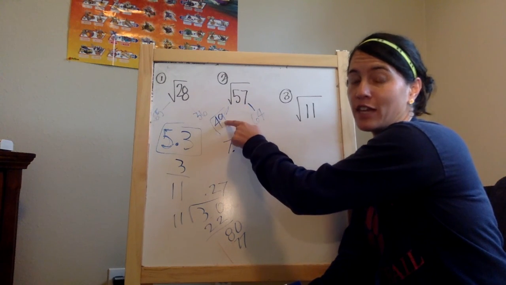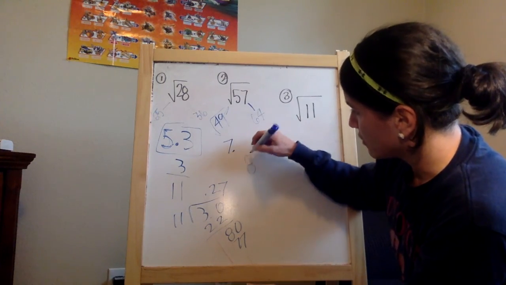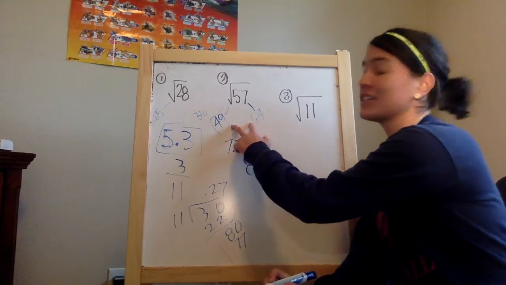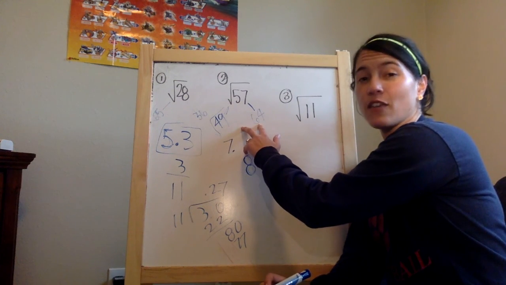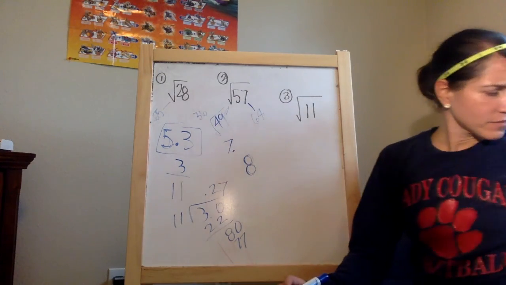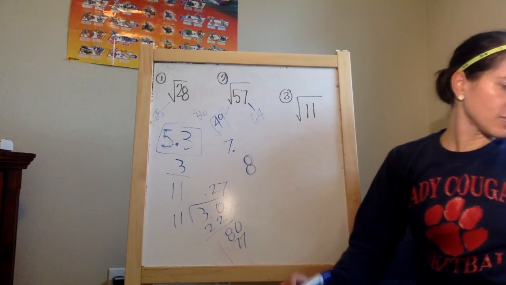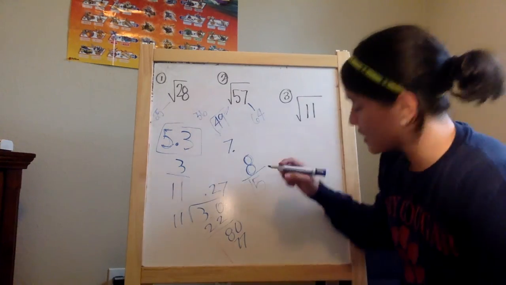So 57 minus 49 is 8. And then the difference between my two perfect squares, 64 minus 49, is 15.